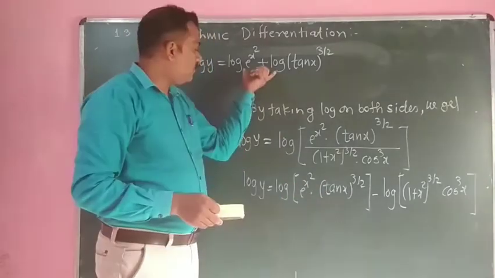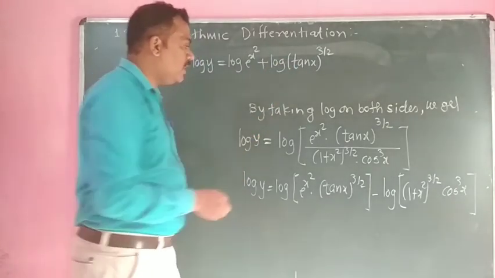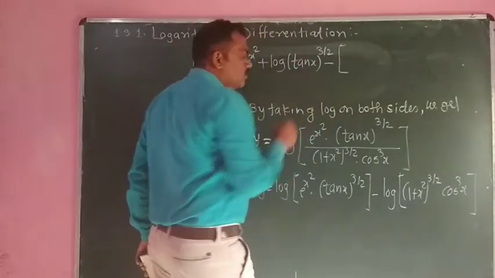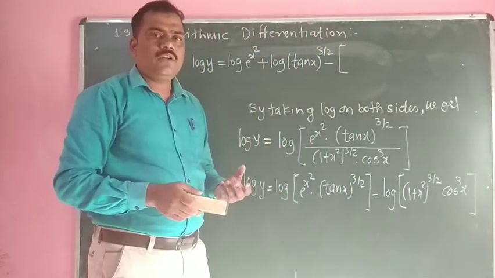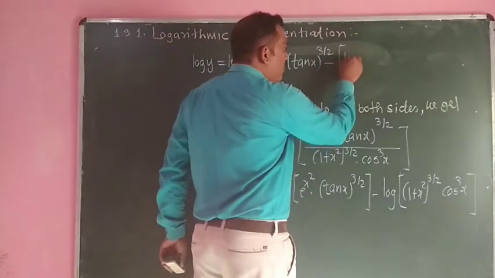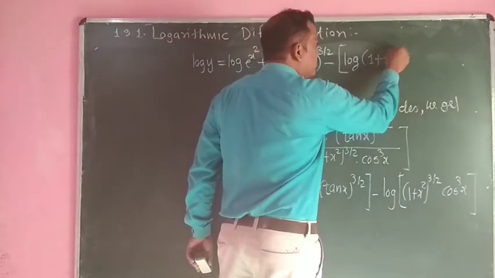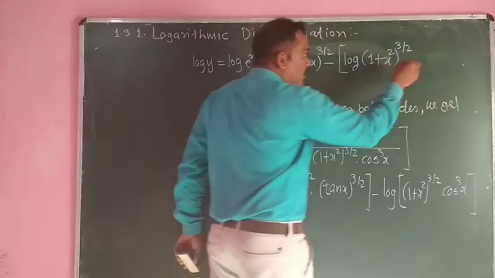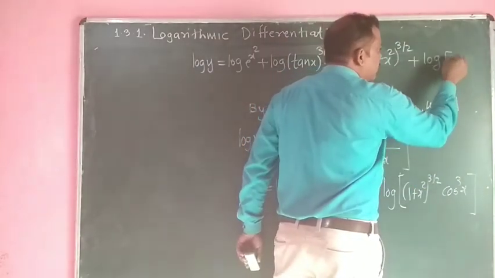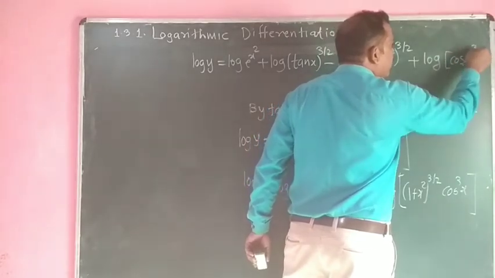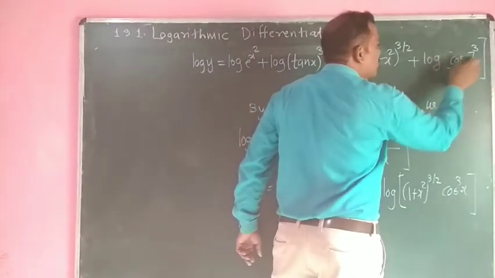The product gives addition. Then the original minus sign applies, and here a product is there, so we again use the product rule: log of (1 plus x square) raised to 3 by 2 plus log of (cos x) whole cube.